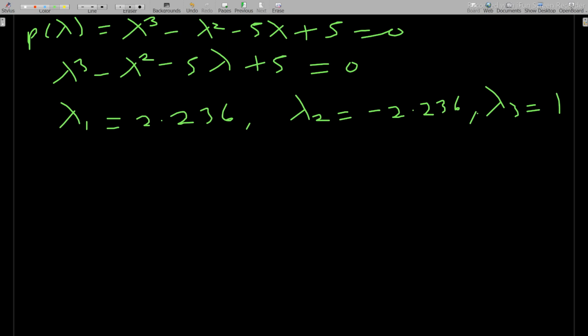Now I want to find the eigenvectors, and it's very tedious, but let's go ahead. We know the eigenvalues to be these. With the first eigenvector, we use A minus lambda I, where I is the 3 by 3 identity matrix.